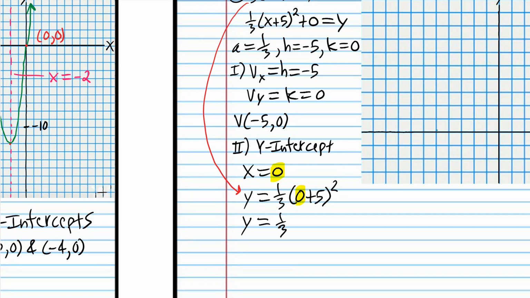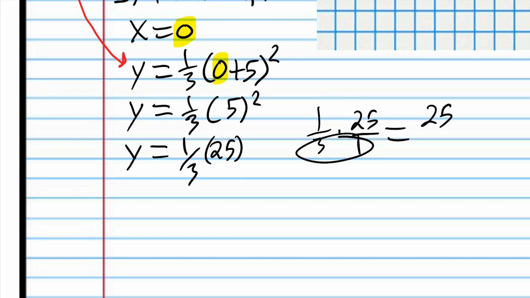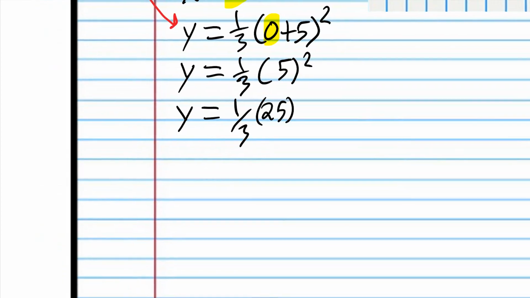We do the parentheses first. 0 plus 5 is 5. And then we do the exponents. 5 squared is 25. And we're multiplying a whole number by a fraction. So that's just 1/3 times 25 over 1. 25 times 1 is 25. 3 times 1 is 3. Again, most math teachers at this level will not show you that. They'll just expect you to know how to do that. All right, 25 over 3.